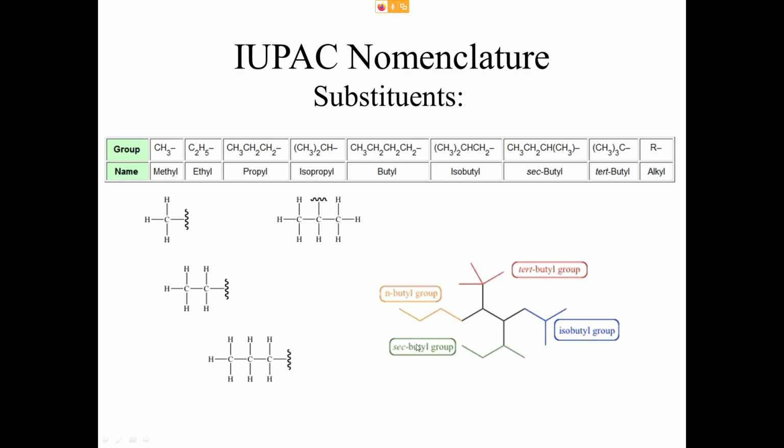It's called sec-butyl because it branched at the 2nd carbon. Or it's called tert-butyl in this case because there's 3 things coming off the end, like a little bird's foot coming off. So it still has 4 carbons, so 1, and then 2, 3, 4. They're not in a row, and it's commonly called tert-butyl for tertiary butyl because there's 3 things coming off. That might seem confusing because this carbon is actually a quaternary carbon.